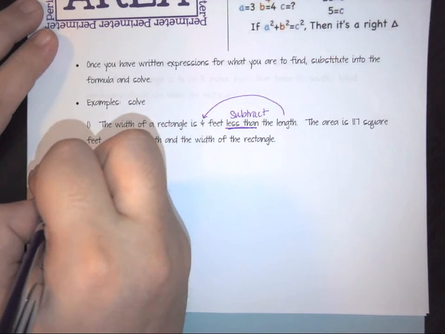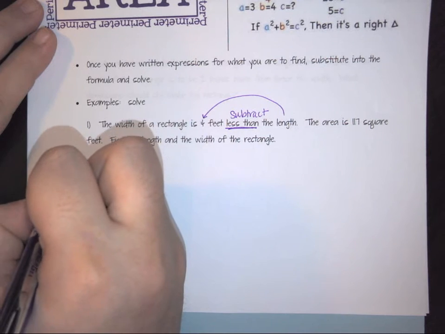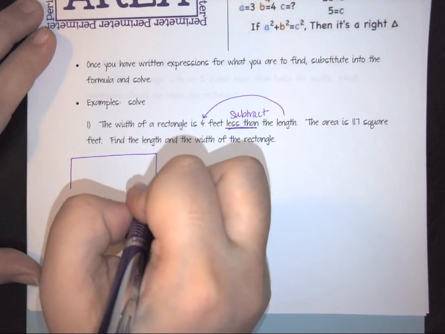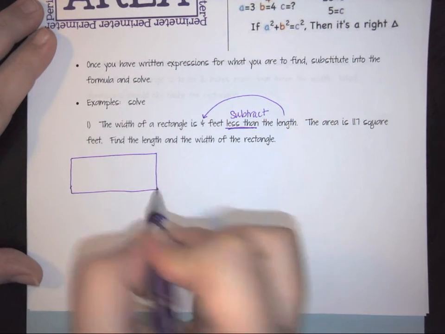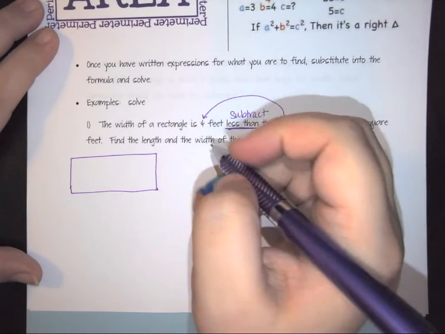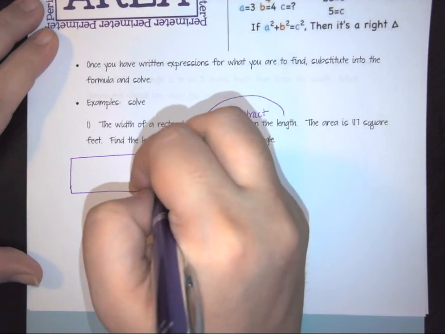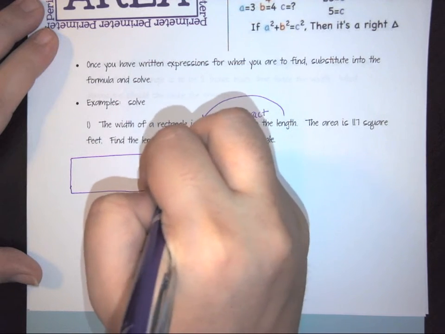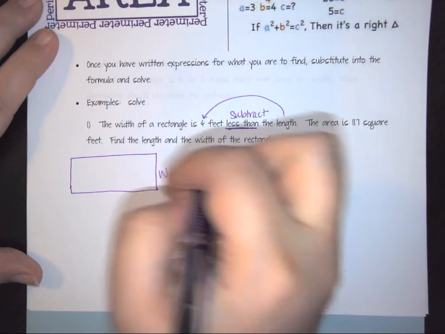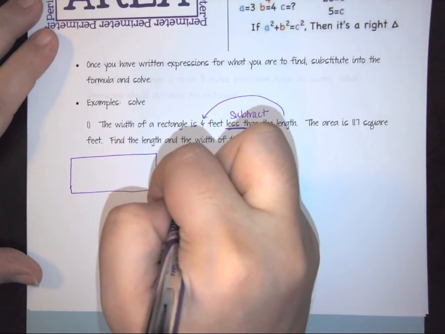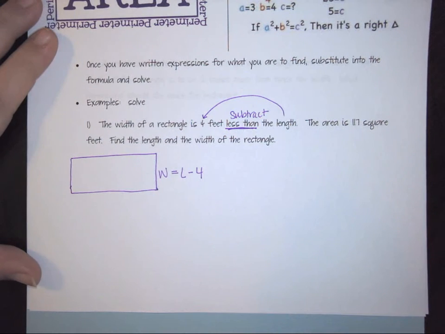So we're talking about a rectangle here. So I would highly recommend, if you talk about a rectangle, you draw yourself a rectangle. So here we are speaking about your width, and we're saying that it is going to be 4 feet less than the length, so that is length minus 4.